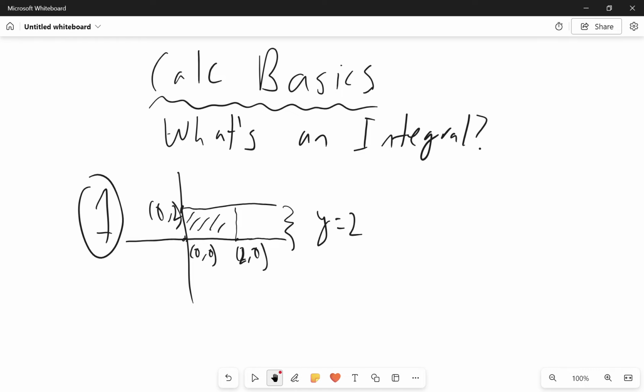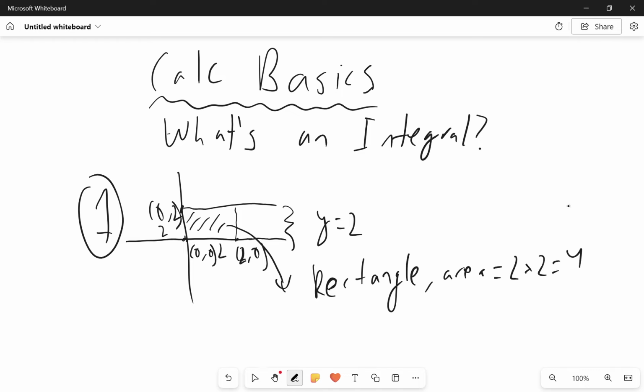Well, there's a pretty simple way to do this. We can see that this is just a rectangle with a height of 2 and a width of 2. So the area is equal to 4. Well, that was pretty simple. So the area under this curve from x equals 0 to x equals 2 is equal to 4. The area under the curve y equals 2, that is to say.